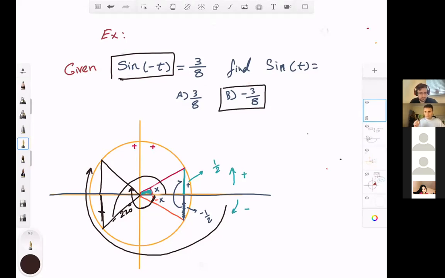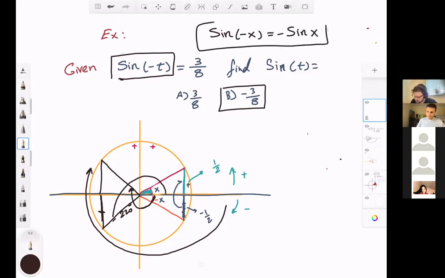So what we are learning from these two examples is that sine of negative x equal to negative sine of x. Is this true? And yes, this is true. And that means sine is an odd function. We learned about odd and even.